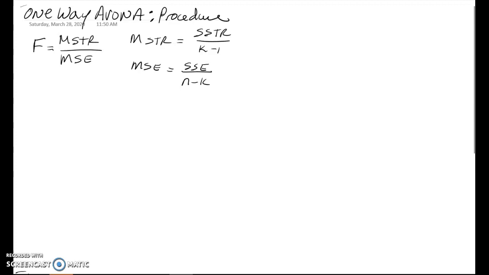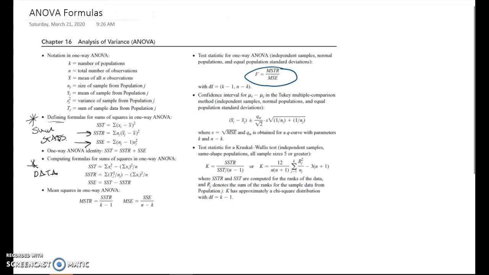Okay. Now, let's take a look at our formula sheets one more time. I'm going to pop that on the screen here. So one of the things I had talked about in a previous video, and I want to point out again here, is we have two sets of formulas for our treatment sum of squares and our error sum of squares. The computing formula uses individual data values.